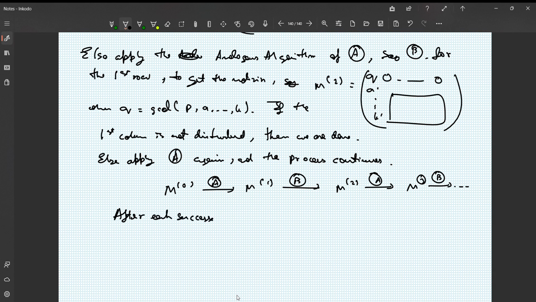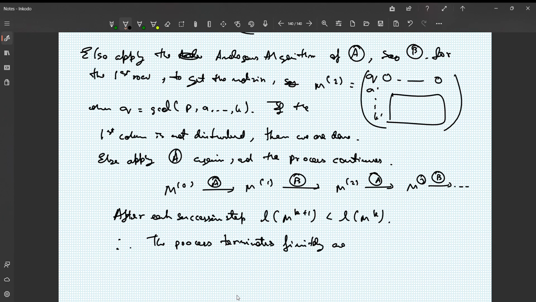But this process ends finitely, because at each step the value of L constantly decreases, right? After each successive step, L of M(k+1) is less than L of Mk, right?